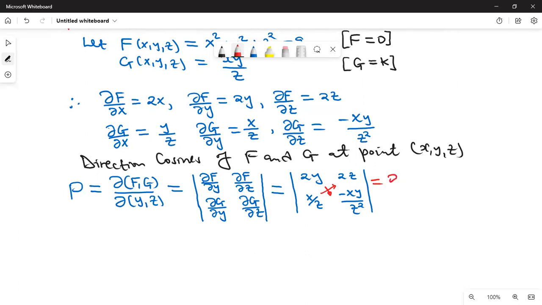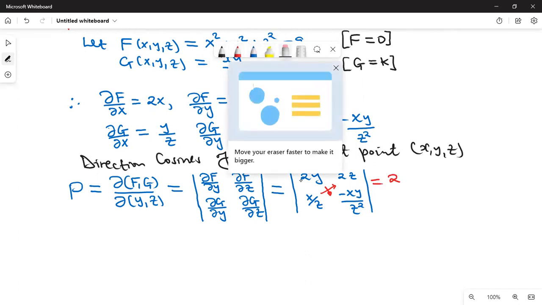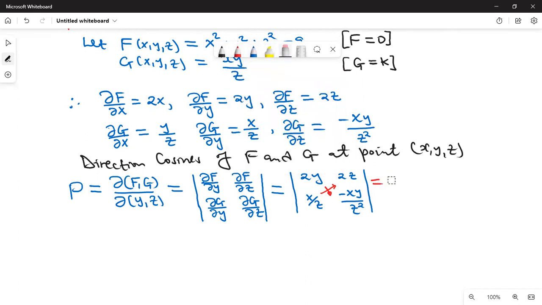That will give us negative 2xy squared over z squared, then minus the product of the other diagonal, that is 2z times x over z, that is simply 2x.